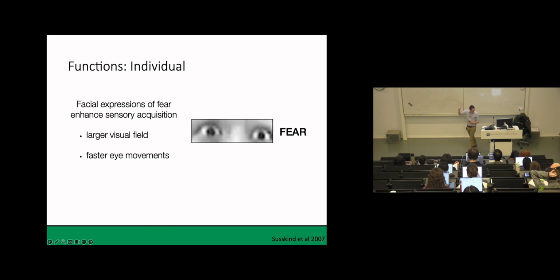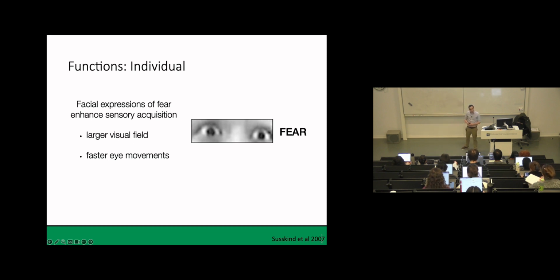There was a great paper by Josh Susskind where he looked at the function of these emotion expressions. He had people come into the lab and pose facial expressions of fear. They had to open their eyes wide, raise their eyebrows, and a few more things. He found first and foremost that people had a larger visual field, so they could literally see a larger angle.